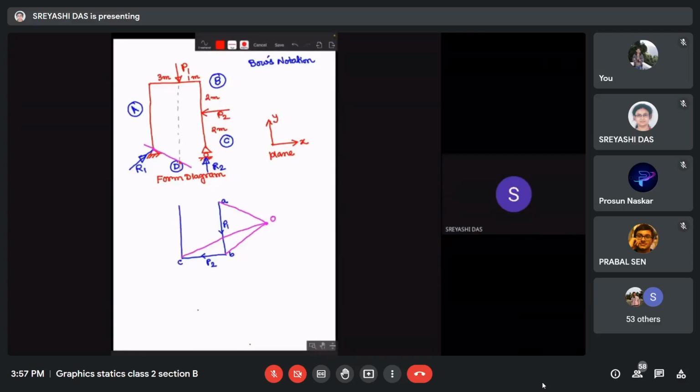Now, this line is parallel to OA, or basically AO.